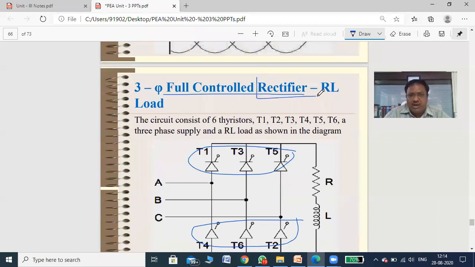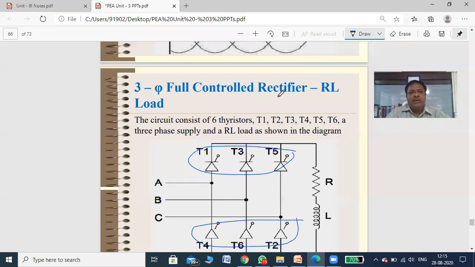Converter is the best word because as per your syllabus, it is called converter. But I am writing rectifier here because the circuit which converts AC to DC is called a rectifier. Converter and rectifier are both the same. Just controlled rectifiers are called converters, uncontrolled ones are called rectifiers only.